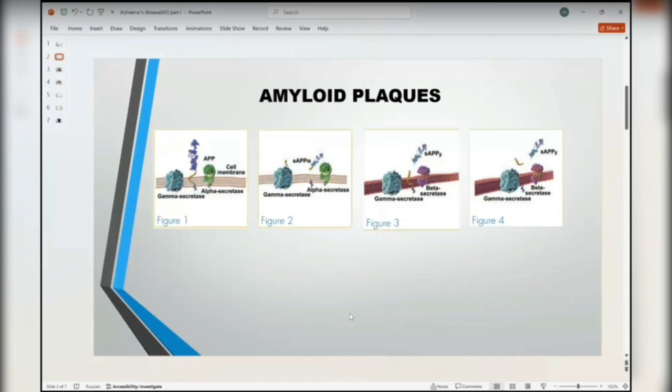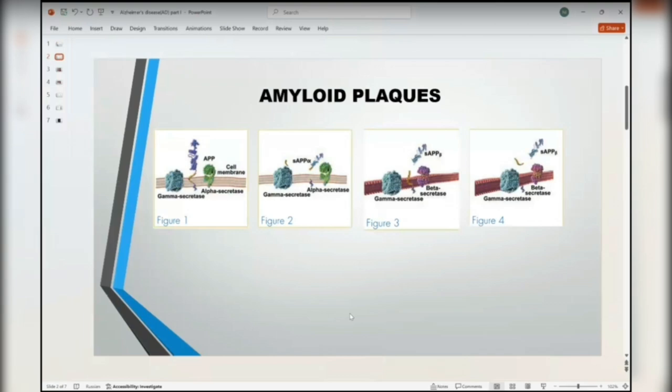In the harmful pathway, beta secretase first cleaves the APP, which is the amyloid precursor protein molecule, at one end of the beta amyloid peptide, releasing sAPP beta from the cell, as you can see in figure 3.